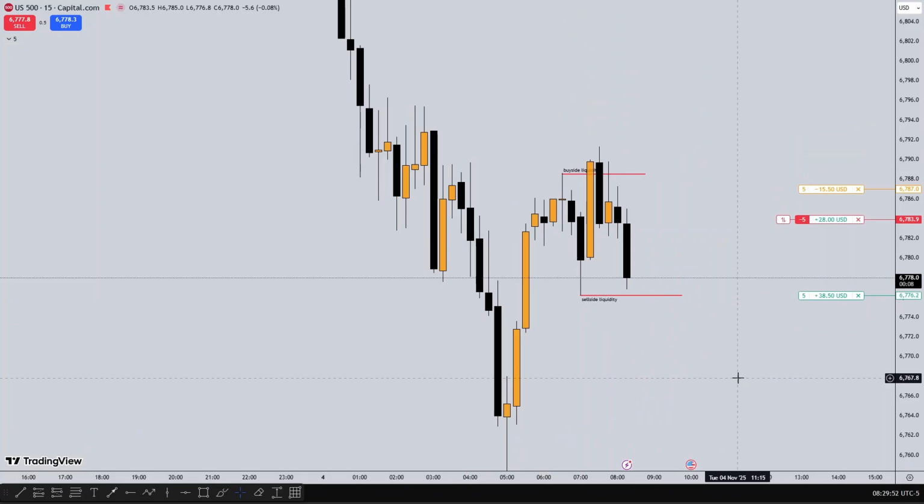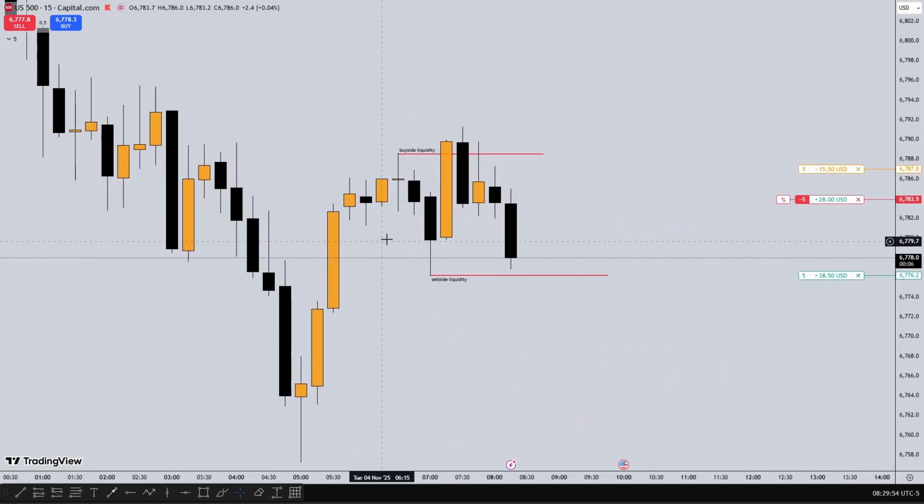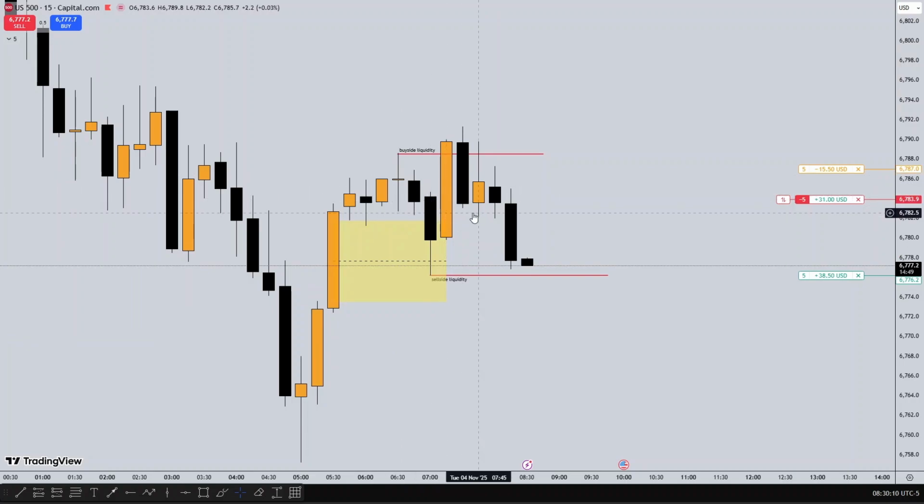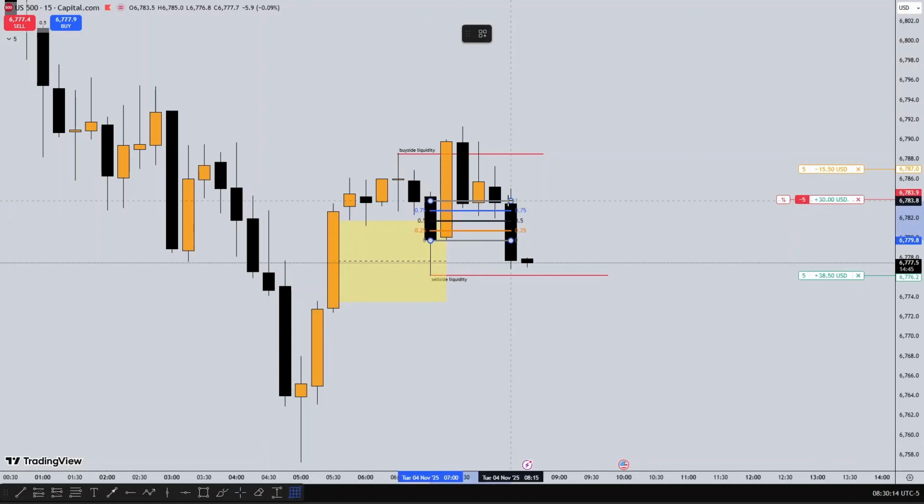On the 15-minute time frame, you can see the trade more clearly. Price respected a 15-minute fair value gap, traded higher, took out the buy side liquidity. Price retraced back to this order block, traded below the mid range of the order block. That gave me the confirmation when I say wait for a candlestick confirmation below the mid range of the order block.